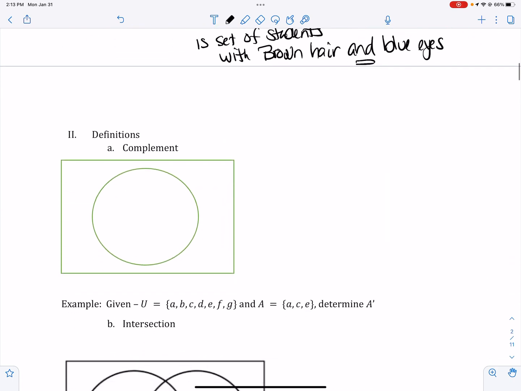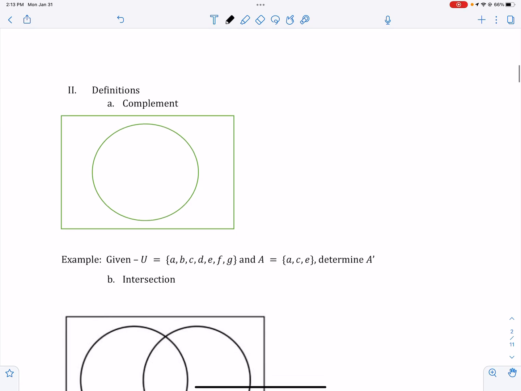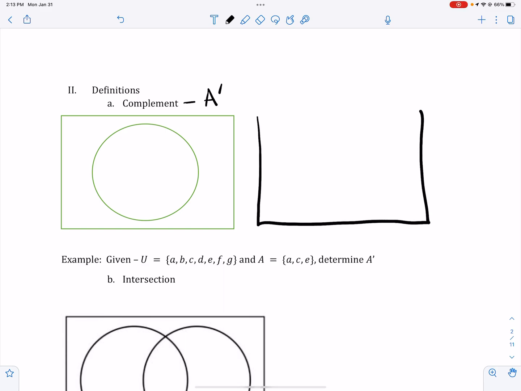Okay, so now we're going to get to the operations of our set. We're going to talk about complement, and it's written like this: A with an apostrophe. So I'm going to draw another box. And I'm going to draw another circle within this box. And it's a good idea if you have a highlighter.